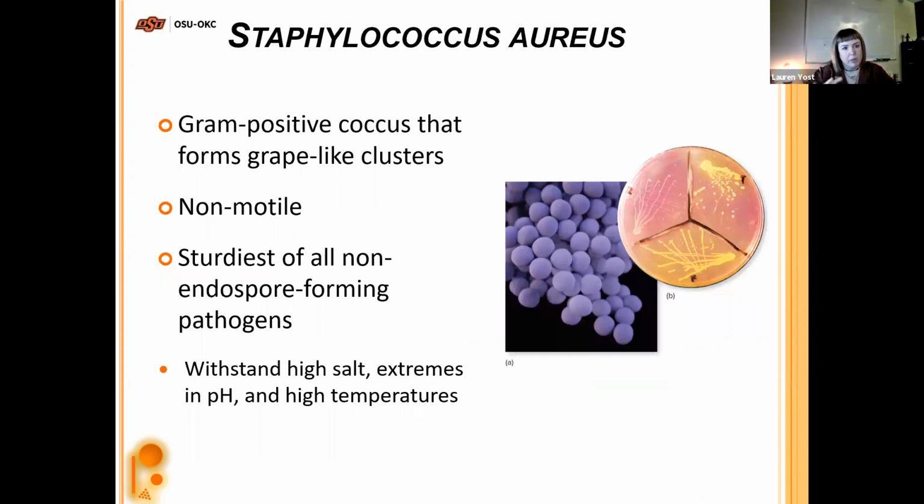Staphylococcus aureus, which we keep mentioning, is a gram-positive coccus, which means it's round. Round cells, spherical. Cocci are spherical. They form grape-like clusters, which is what staphylo means. They are non-motile. They can't move around on their own. They are very sturdy compared to all the other non-endospore forming pathogens. When we talk about the endospore forming pathogens, of course, the endospores are going to be a little bit hardier. What do we think of when we think of endospores?